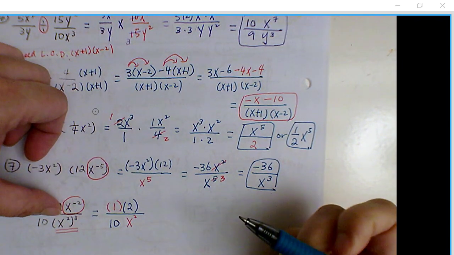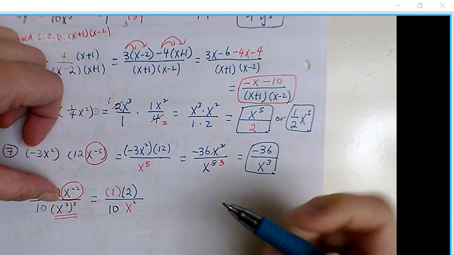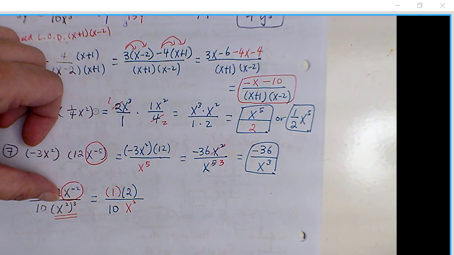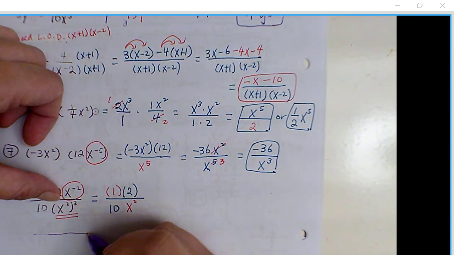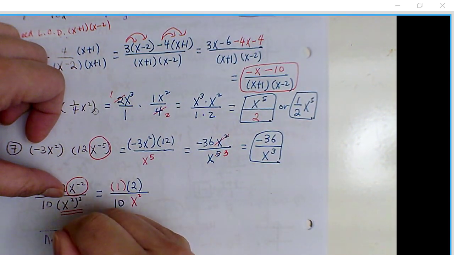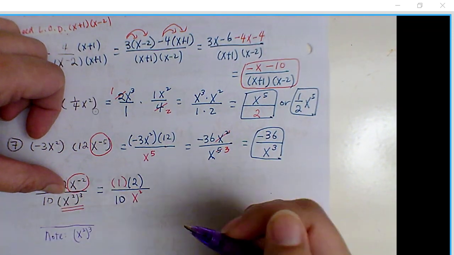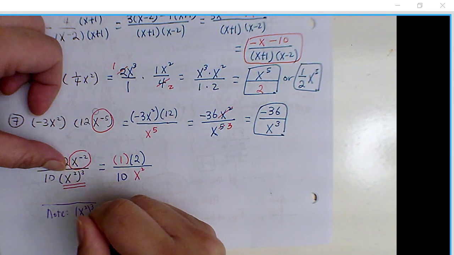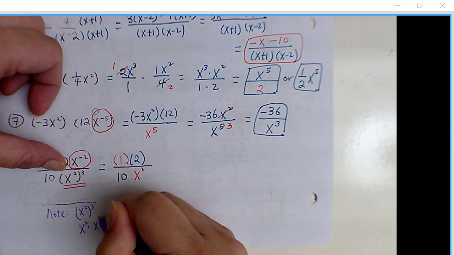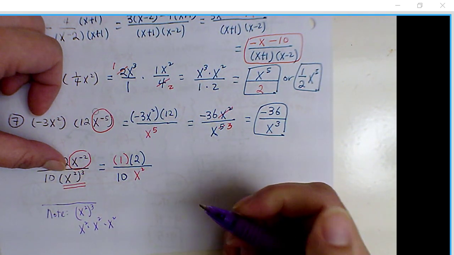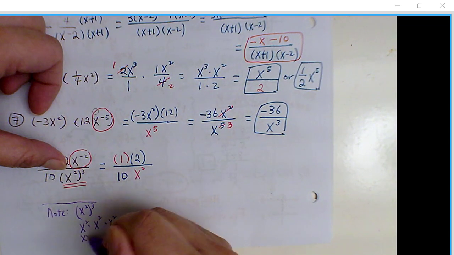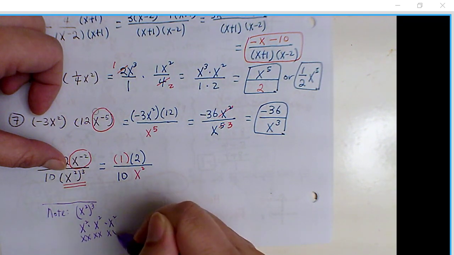And this one is power over power, meaning I need to multiply, right? So if you don't remember, I'm going to just write a little note for you. X squared to the 3rd power means you have 3 of those, right? So x squared times x squared times x squared, right? You have 3 of those, meaning 1, 2, 3, 4, 5, 6, right?